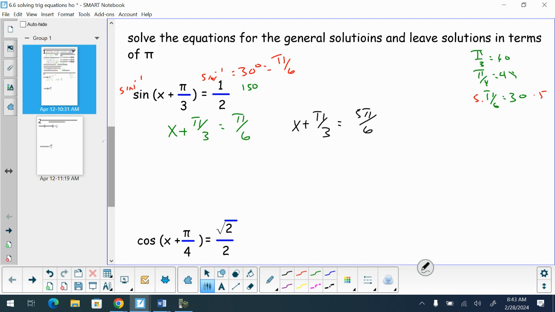To solve this, we need to subtract pi over 3 from both sides. For us to be able to subtract fractions, we need a common denominator. So pi over 3 we can rewrite as 2 pi over 6, multiplying the top and bottom by 2.